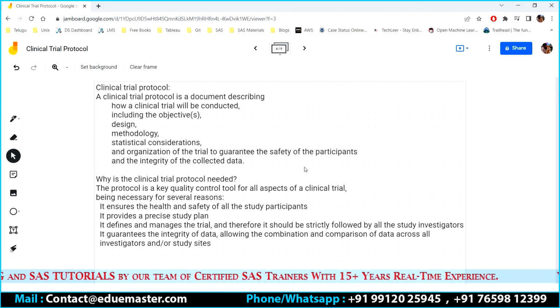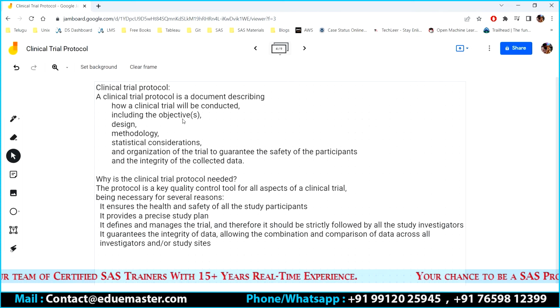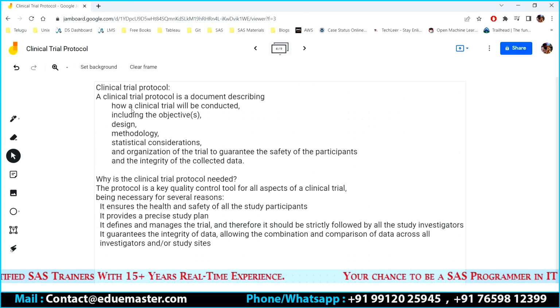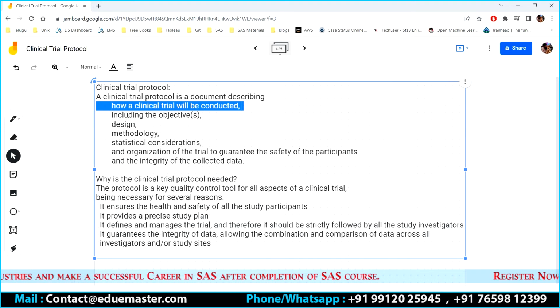Number one, a clinical trial protocol document has the details about the first and foremost, very, very important thing: how the clinical trial will be conducted. You have phase 1, phase 2, phase 3, phase 4, preclinical, all this, right? How it needs to be conducted? What needs to be tested?